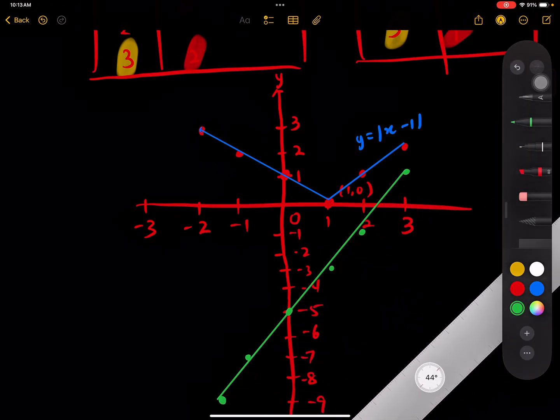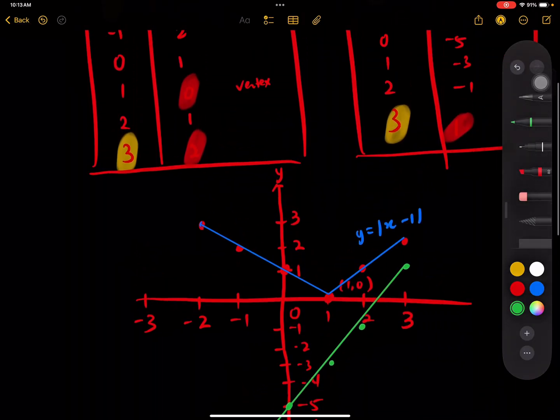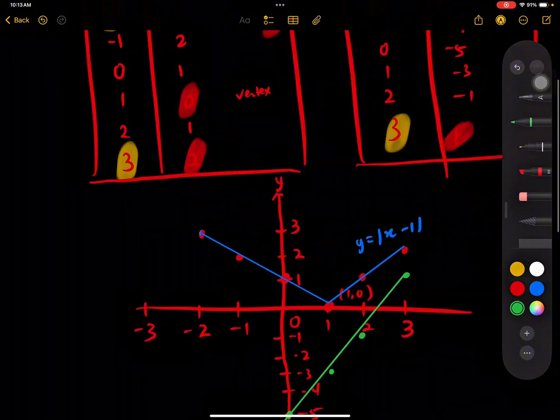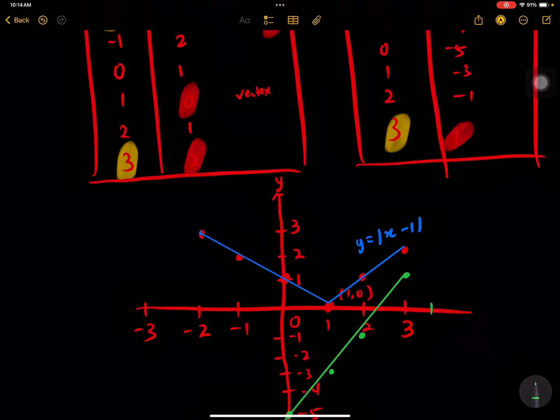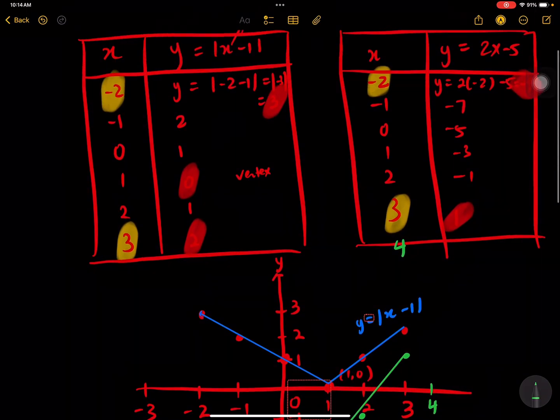Okay, so I have no intersection point yet, so that's why I need to find x4. What is x4? y equal to 4 minus 5, which is 3. So here is 3.